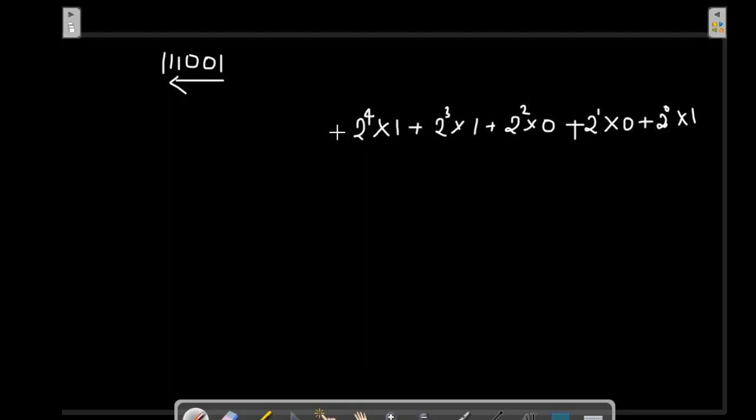So going in the same fashion from right to left, we'll write 1 into 2 to the 0th power, plus 0 into 2 to the first power, plus 0 into 2 to the second power, plus 1 into 2 to the third power, plus 1 into 2 to the fourth power, plus 1 into 2 to the fifth power.